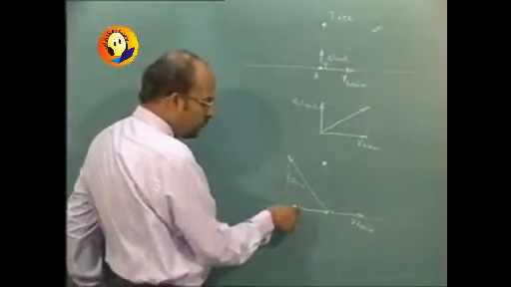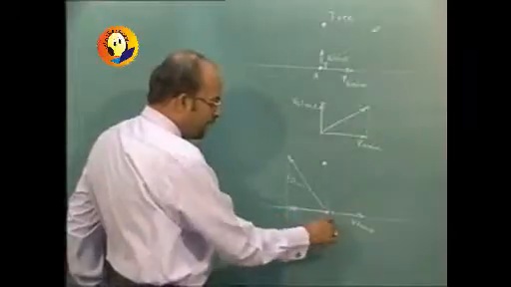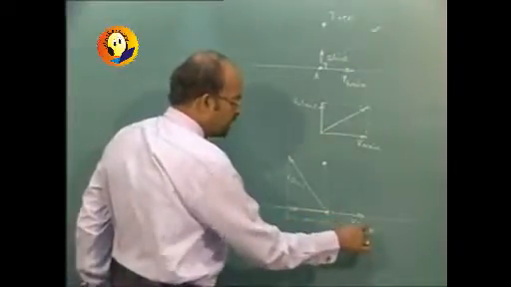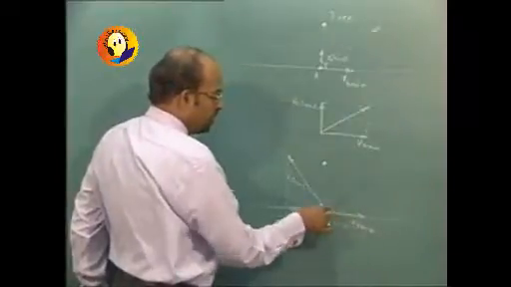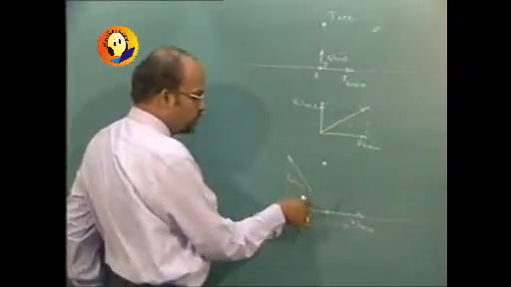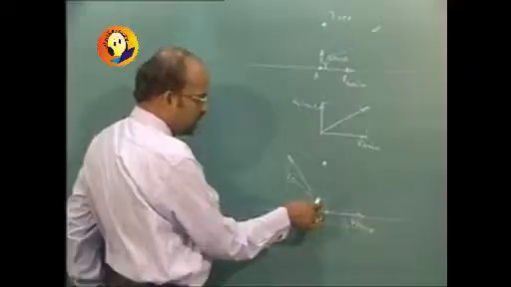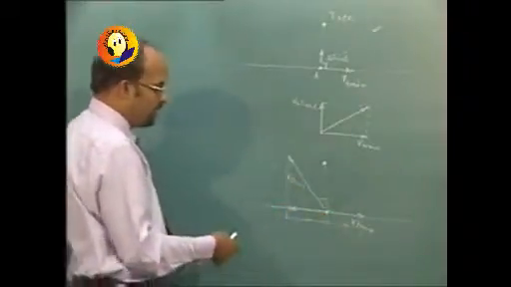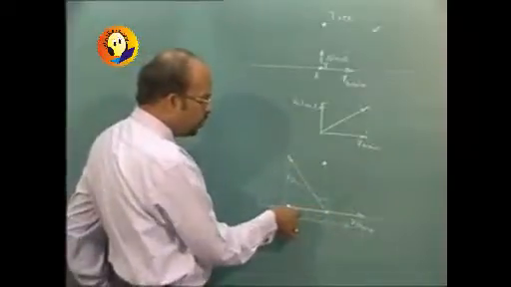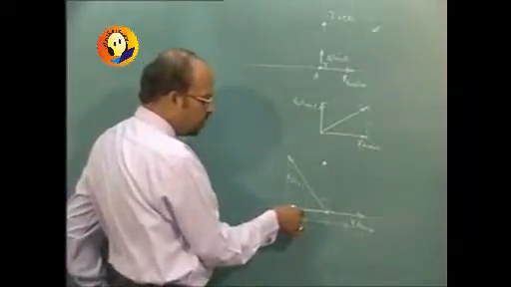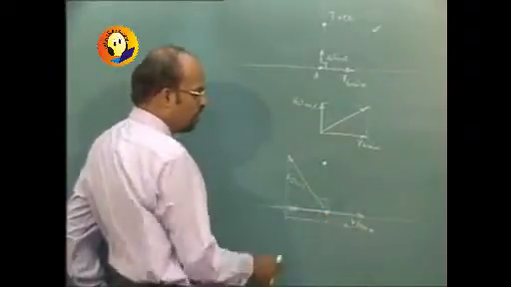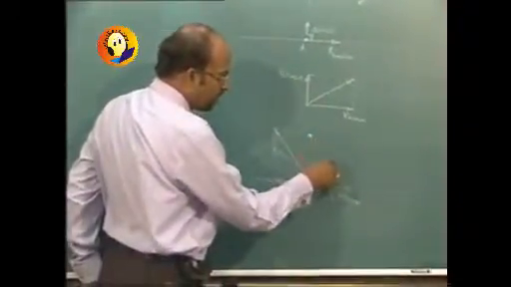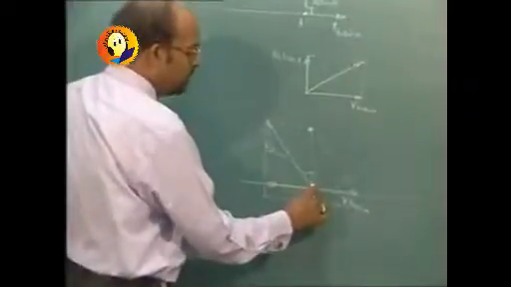Now this component will be numerically equal to the velocity of the train. So these two components are just the same. So we are going to throw the stone in such a manner that, if I consider this as the horizontal direction, its component in the horizontal direction should just cancel the velocity of the train, and effectively when we add the velocity of the train to it, it is bound to move in this direction.